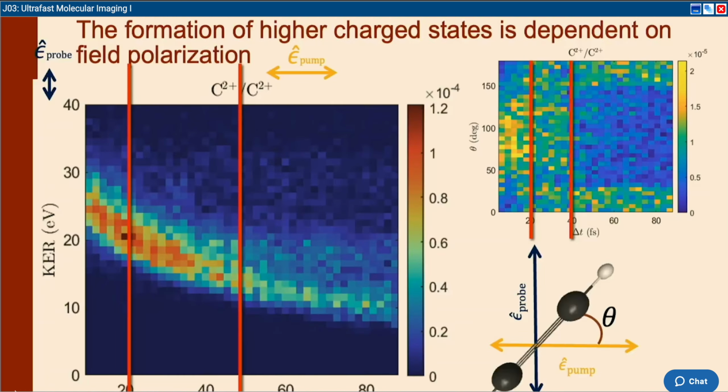And so to further understand how polarization impacts the enhanced ionization, we can look at the polarization dependence during 3 main regions. This upper right-hand plot displays the same information. It shows the angular dependence versus time of the molecule. And specifically, we look at the angle between the carbon-carbon bond and the pump pulse.